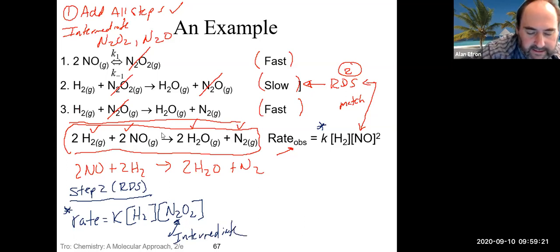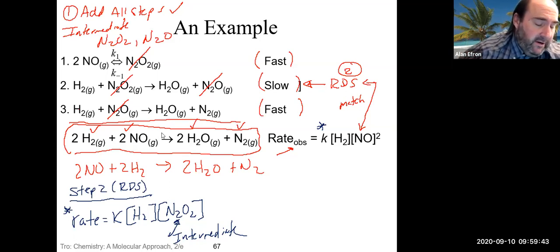So it really doesn't allow us to compare those 2 rate laws in the same fashion, where we pretty much have things that are in the overall reaction. In this case, we have an intermediate that doesn't appear in the overall reaction, which makes it really hard to say for sure that those 2 match.